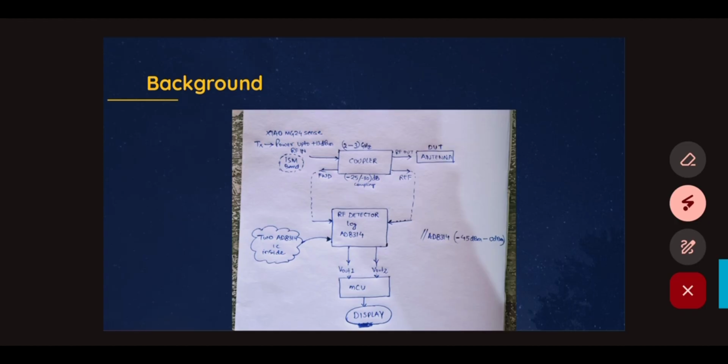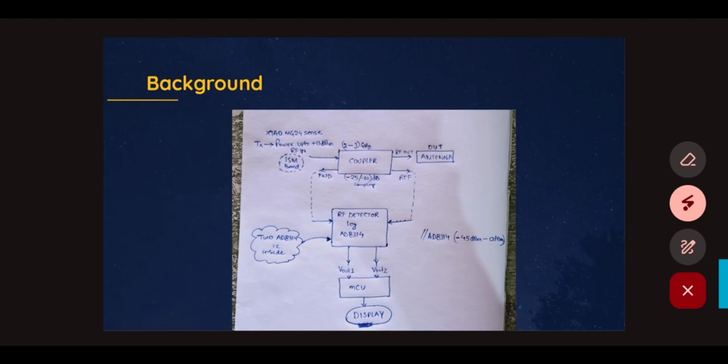I was thinking to make very handy and inexpensive hardware to test my antenna and see its reflection and all. So this is what I was thinking.